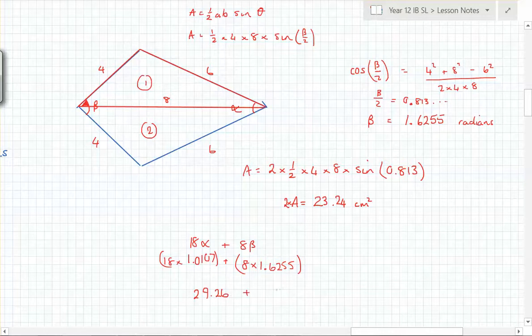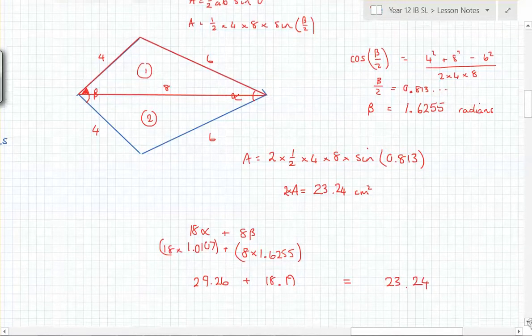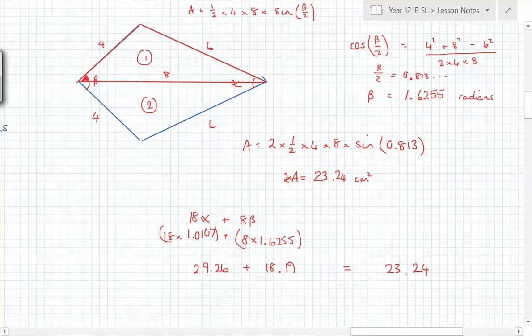So we've got 29.26 plus 18.19, which should equal 23.24. But it doesn't, does it? What is wrong with that statement? So that's segment 1, that's segment 2. What's wrong? This is far too big.